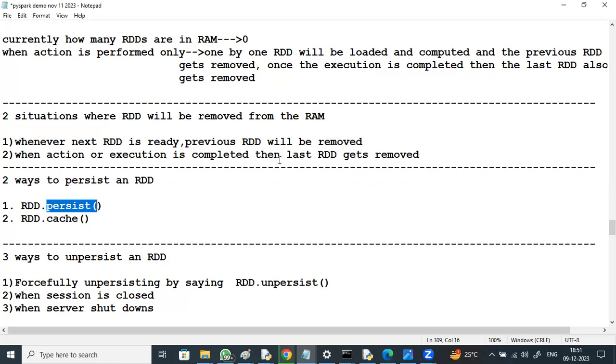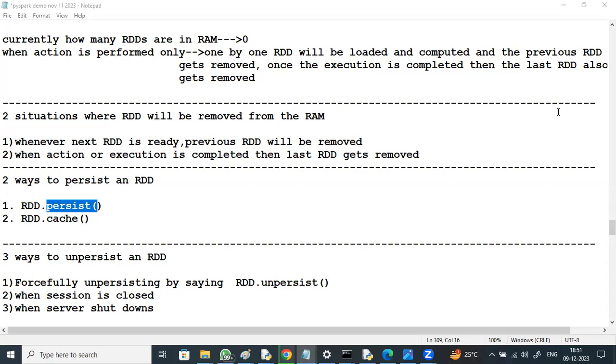Sir, when you say persist RDD, what does it mean exactly? Is it like moving the data from disk to RAM? Persisting an RDD means making the RDD available in the RAM. Whenever the next RDD is ready also, it won't be removed from the RAM. Why do you persist an RDD?